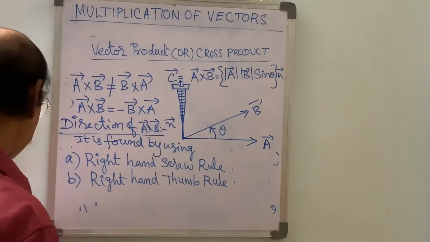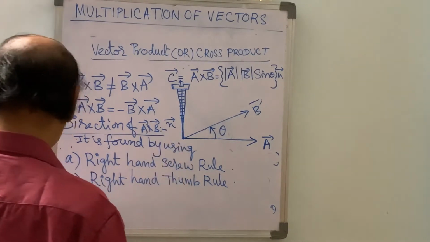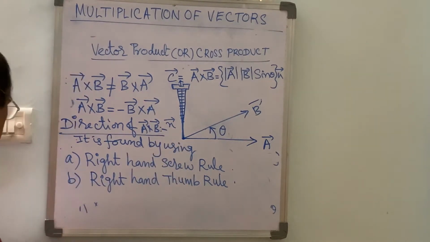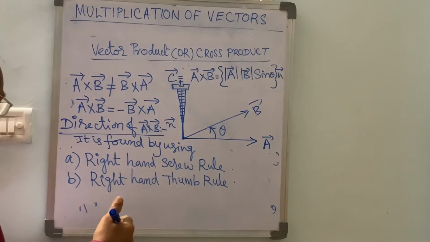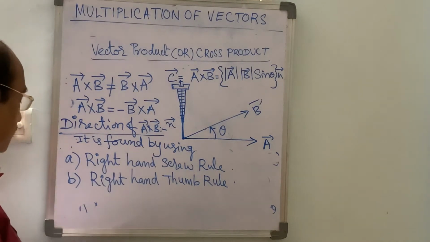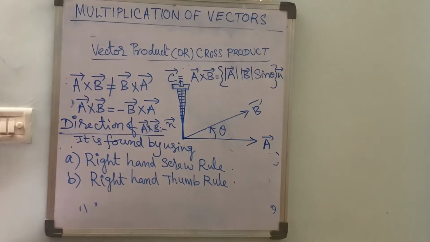So it is known as the right hand screw rule. So when a screw is placed at the common tail of the two vectors a bar and b bar and rotated by right hand from a to b, then the direction of advancement of the screw gives the direction of the cross product, that is c bar equal to a bar cross b bar direction.